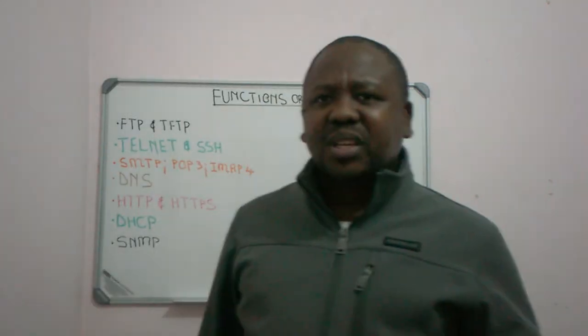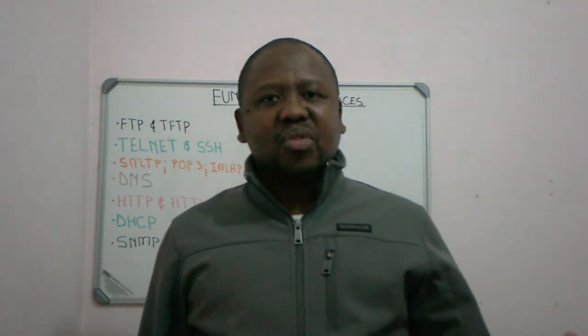Your DHCP is the one that's giving you the IP address automatically. For example, in my house, I'm using a wireless service provider. They came and installed the router and everything for me. So my DHCP is my router.